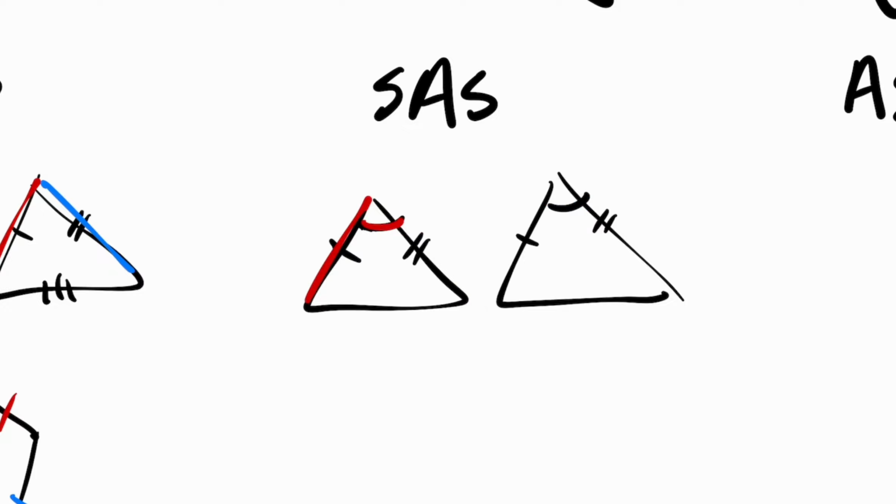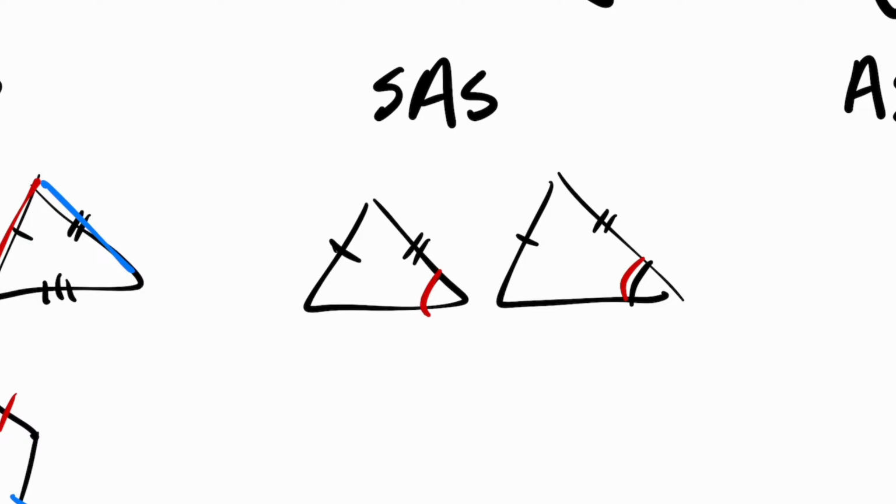So it would not be SAS, for example, if you had these sides marked like so, and then you had, say, this angle marked down here. So it's really important that the angle that's marked as congruent is between the two sides, SAS. And here, these angles aren't really between the two sides.